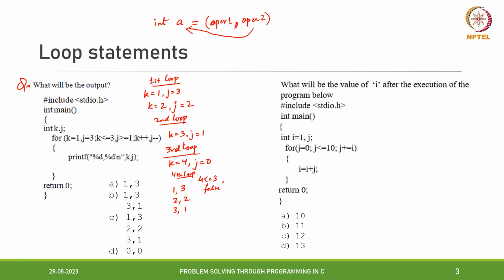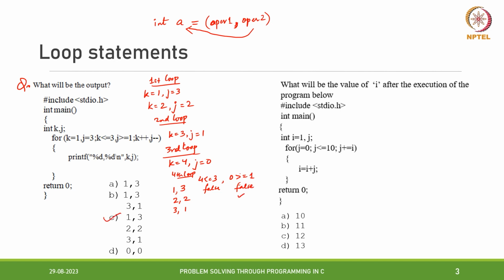The k part will of course be evaluated, but whatever we get from that evaluation will not be considered anywhere. So the j part is important. If it was j greater than or equal to 0, this would still have run for another iteration. But it is j greater than or equal to 1, which is false. Now this condition is false, so the loop will exit.